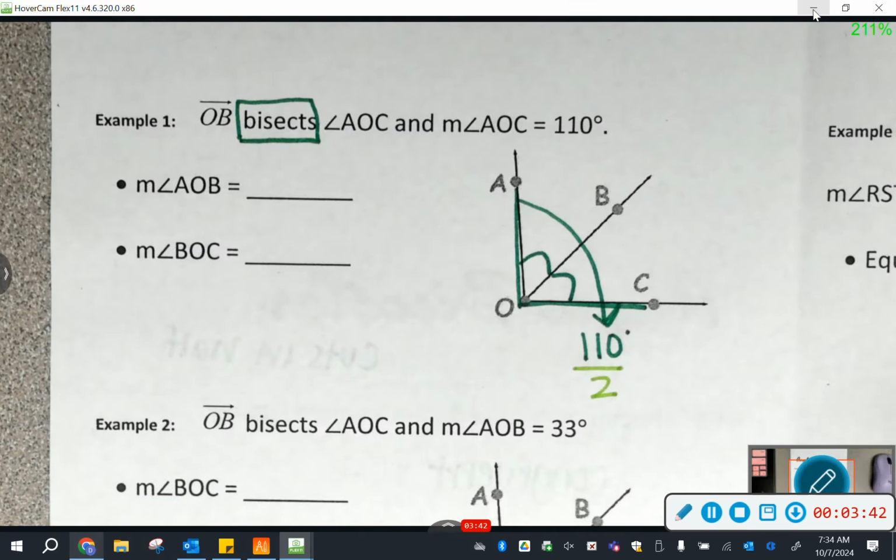So this is 55 degrees and this is 55 degrees. AOB is 55 and so is BOC. And then you can check yourself. What's 55 plus 55? So you know you got it right.